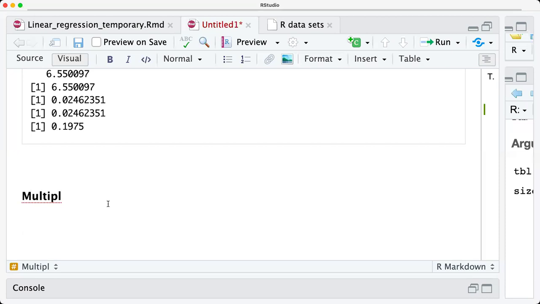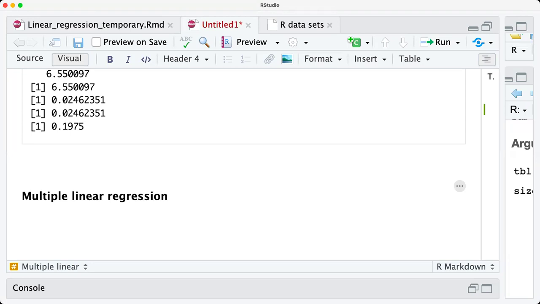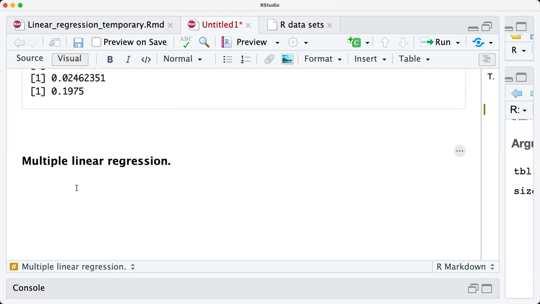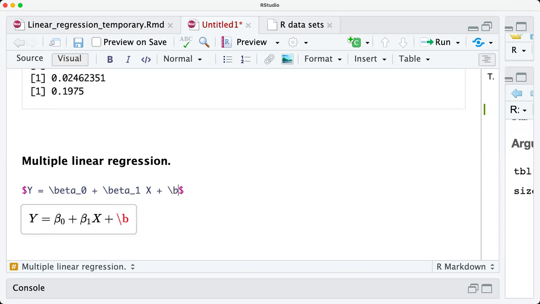So let's do the multiple linear regression, for which the theory is exactly the same. Now we want to predict y using two variables. Let's call them x and, oof, z is not a good name.